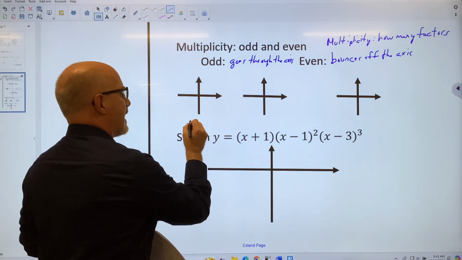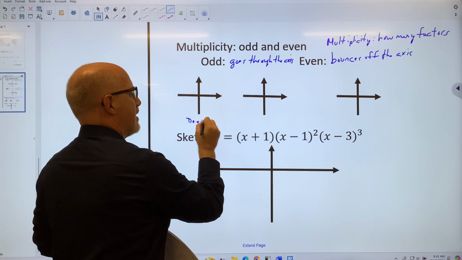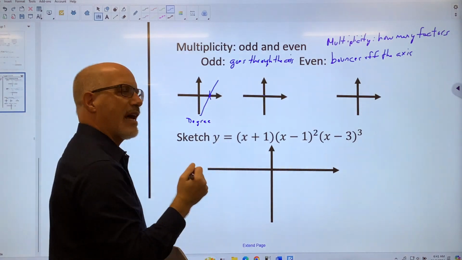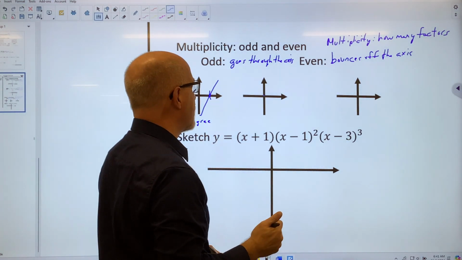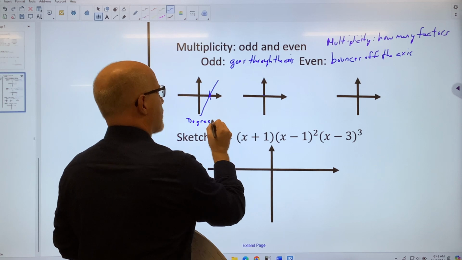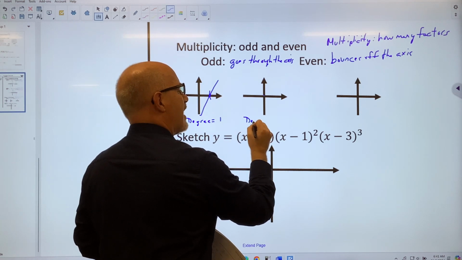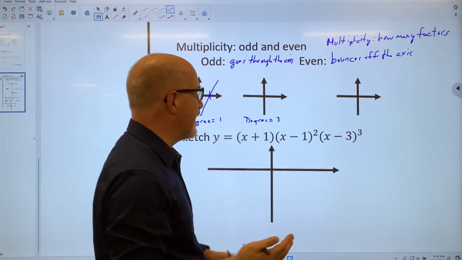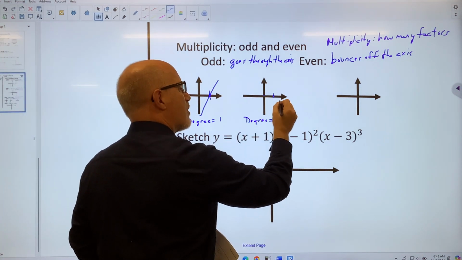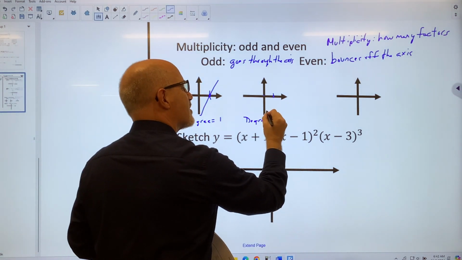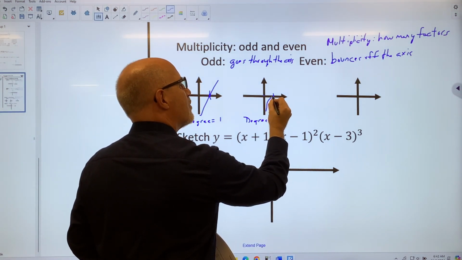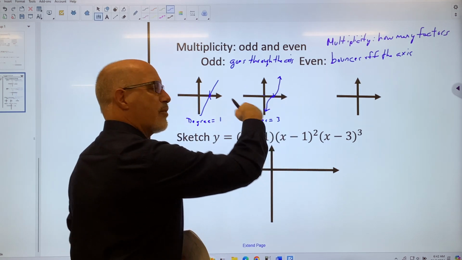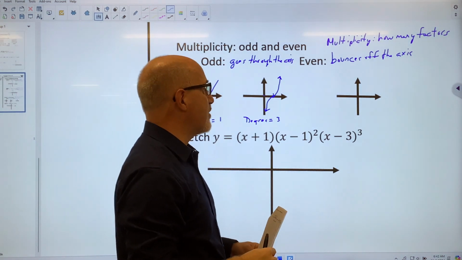Here's what it will look like if we have a degree of 1, so just 1 factor: it goes straight through the axis at whatever root that factor gives us. If the degree is higher, say 3, 5, or 7, then as we get close to the root, it slows down, comes into the root, and still crosses the axis onto the other side.